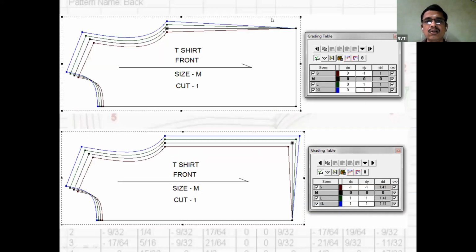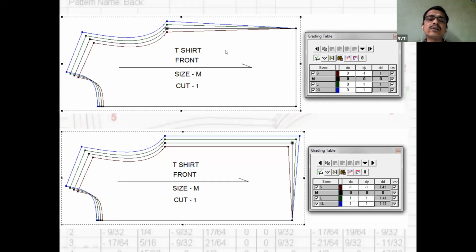Okay, my session is over, and I think you might have understood the concept a little bit. I clearly told you first we should be 100% sound in pattern making. That's very, very important. If we are very sound in pattern making, we can calculate size interval and increment easily.